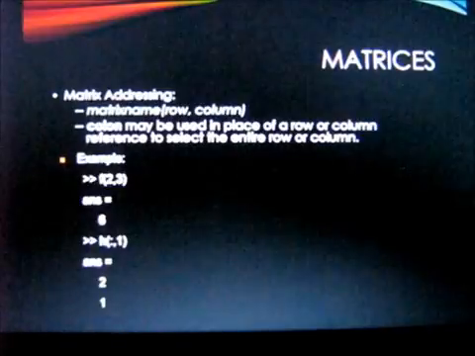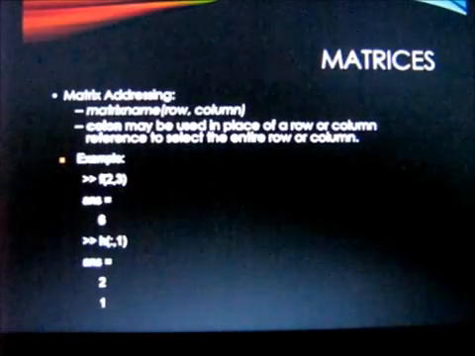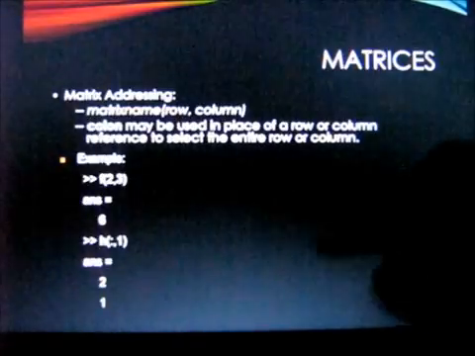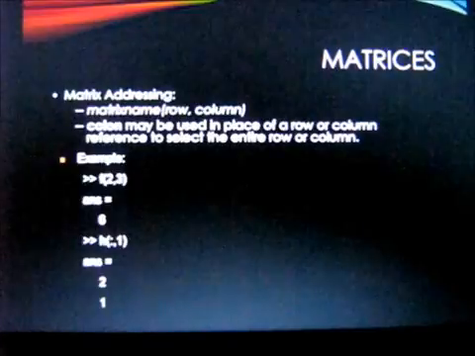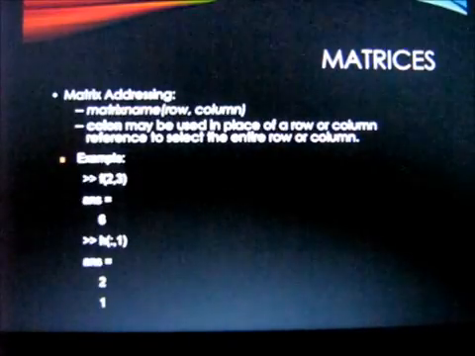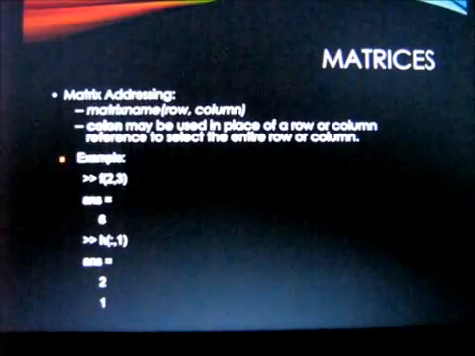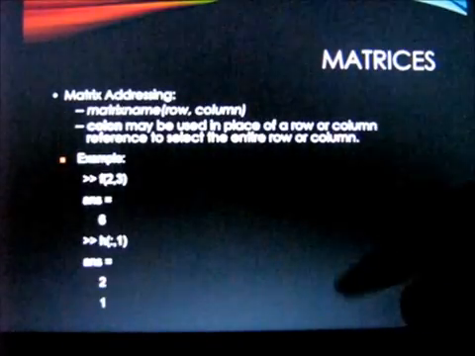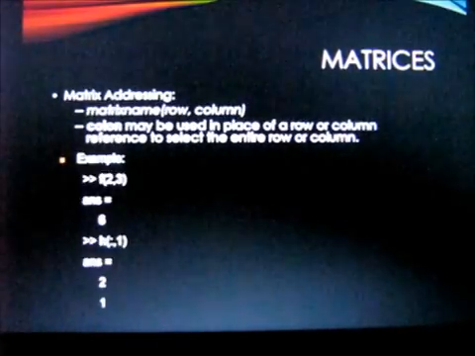The element you will find is 6. In the previous example I have shown 1 2 3 4 5 6, second row third column, so it is 6. Now suppose somebody writes h parenthesis colon comma 1, that means it will give the first column only. It will start from 2 and 1.